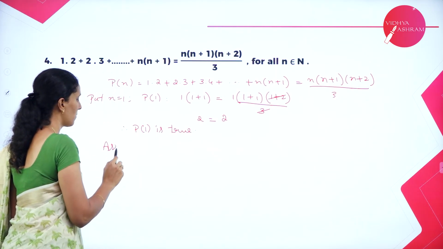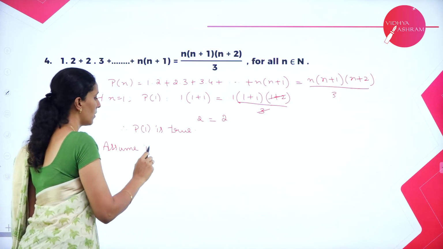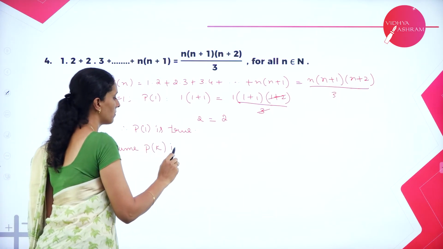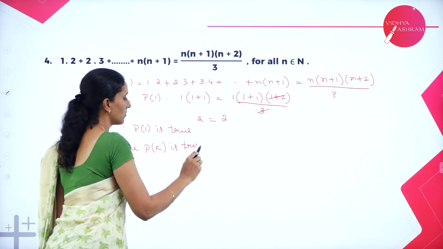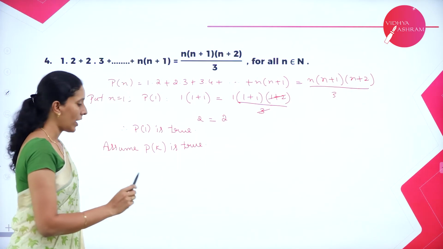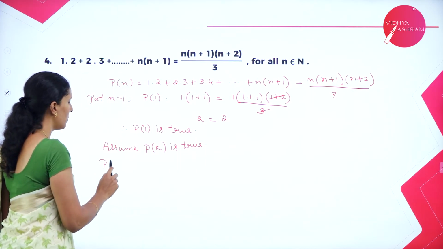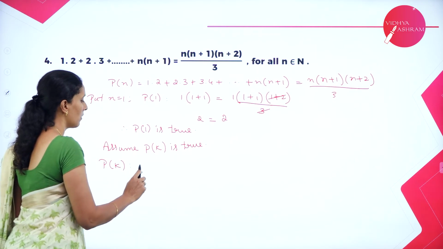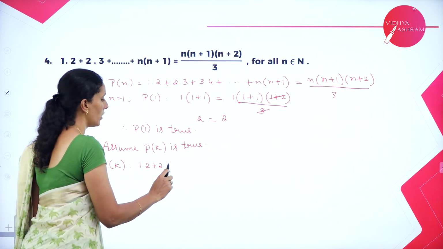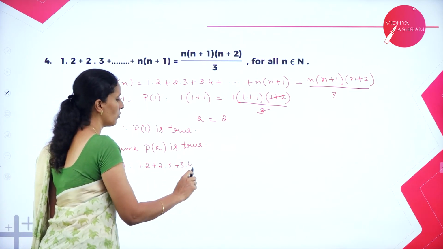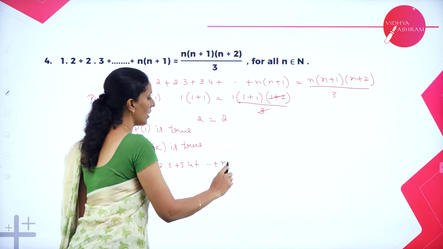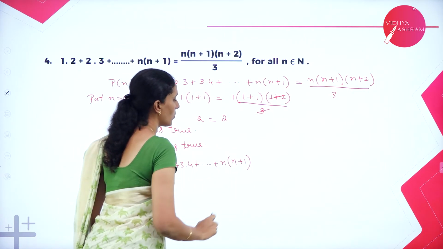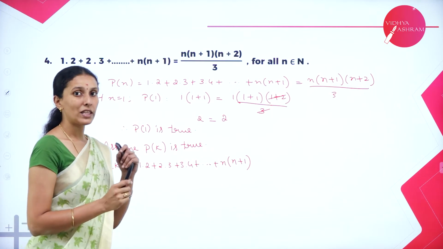Assume P of k is true. P of k is true means P of k is 1 into 2 plus 2 into 3 plus 3 into 4 plus etc. n into n plus 1. In the place of n, just replace with k.